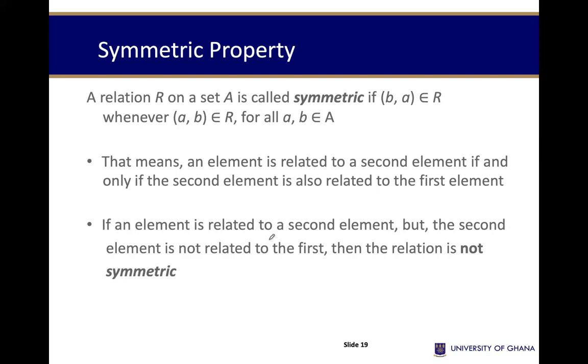And that's why we are saying that a relation R on the set A is called symmetric if for B related to A, there's always the case that A will always be related to B, no matter what. So once A is related to B, B has to be related to A. That means an element is related to a second element if and only if the second element is also related to the first element. That's it.